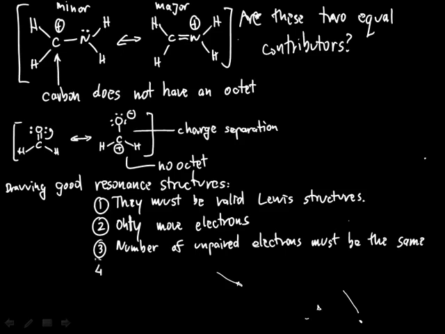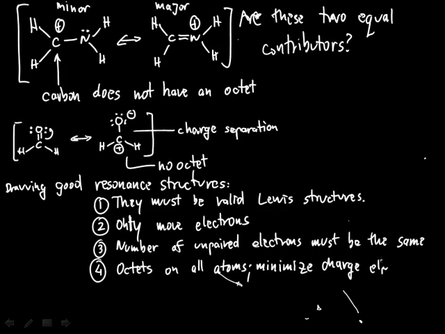Finally, an important concept here is that we must have octets on all atoms. We must minimize charge separation. As we've seen in the molecule of nitromethane, we cannot eliminate it completely, but that's okay because we minimize it, and it's the same in all resonance structures.